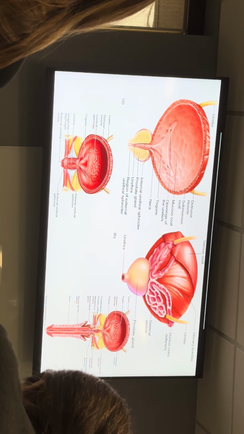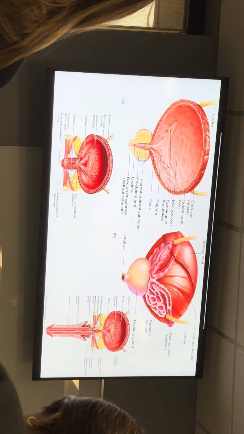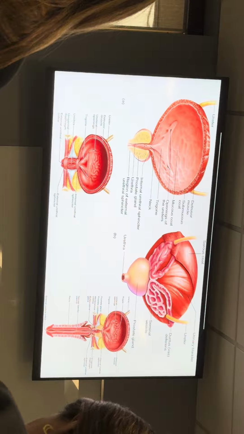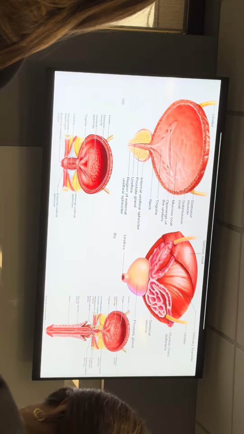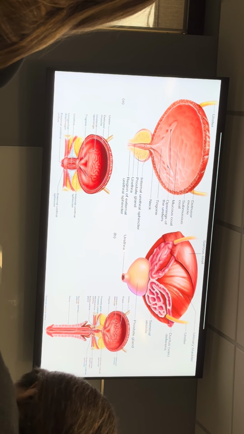So 95% of your ejaculate is stored in your prostate gland, and during that time, it's called emissions. During that time that you have emissions in your prostatic urethra, your internal urethral sphincter constricts, and what that does is it prevents urine from contaminating your emissions, because urine is acidic, and acid kills sperm.